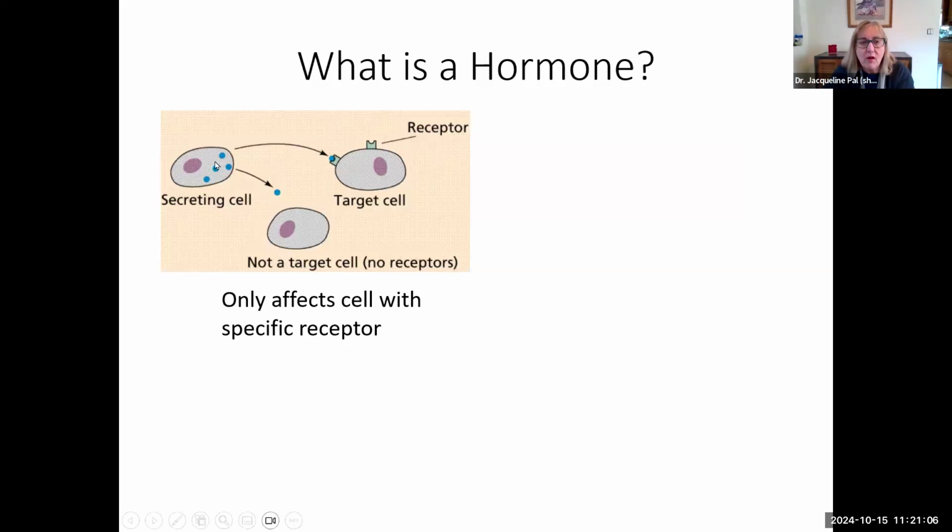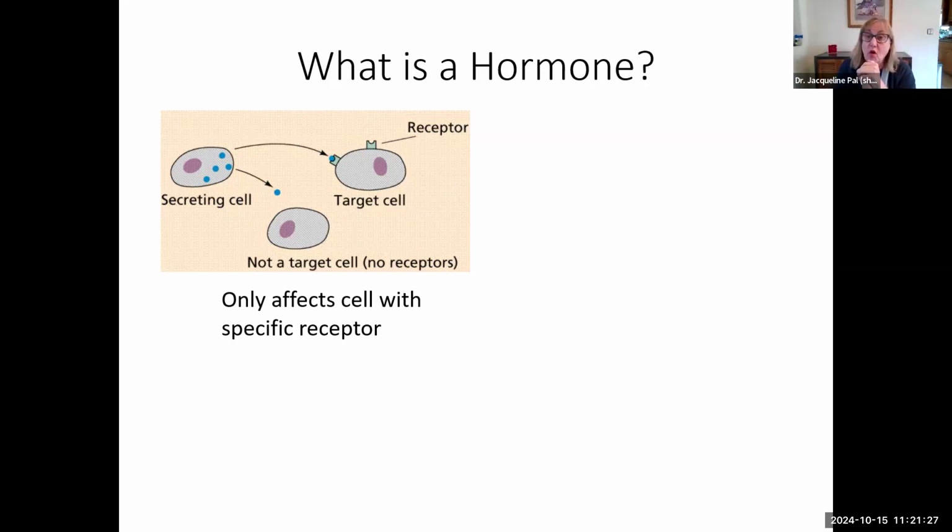So, what is a hormone? Well, after it is secreted from the cell, it can only affect a cell that has a specific receptor for it. So that's very similar to the nervous system. You need a receptor for that hormone. So if it's thyroid hormone, it only fits in a thyroid hormone receptor.